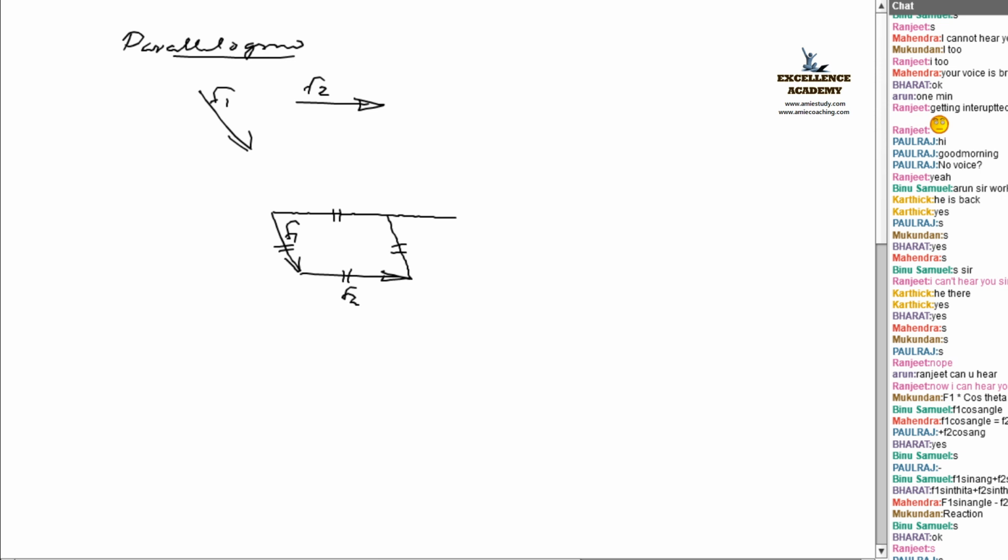Then the diagonal of this parallelogram will give you the resultant force. This is called the parallelogram law of forces. Clear to all? If you represent two forces as two edges of a parallelogram, then the resultant of the two forces will be obtained from the diagonal of the parallelogram. Clear to all?